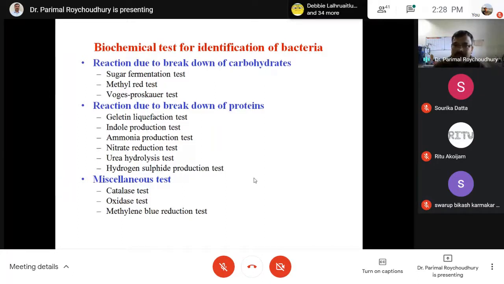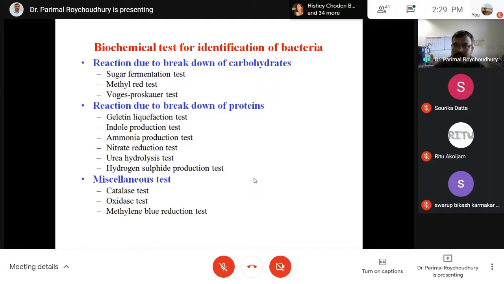Then some other tests are again based on breakdown of proteins. It has been seen that the bacteria differ from each other on the basis of the breakdown of proteins in the metabolic pathways. Some special molecules are formed, some enzymatic activities are performed, and because of which some changes in specific media we could observe, and we can declare it as positive or negative.